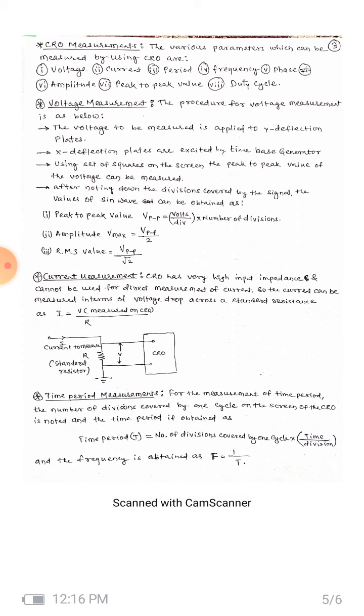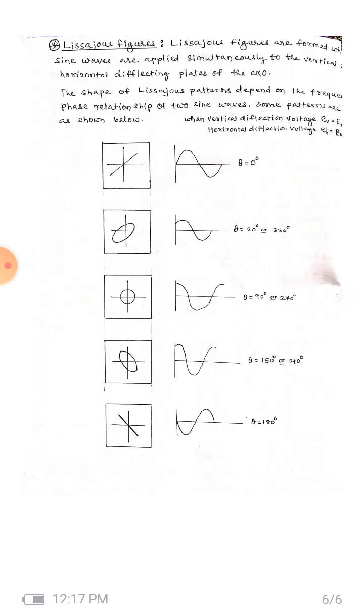The last concept in the chapter is Lissajous figures. Lissajous figures are used to find the nature of the waveforms. They are formed when two sine waves are applied simultaneously to the vertical and horizontal deflection plates of the CRO.